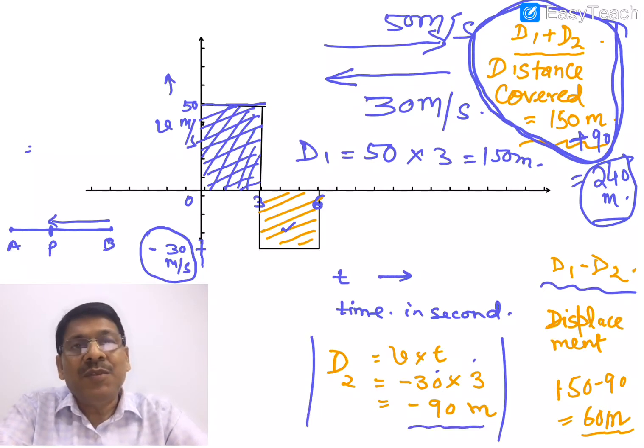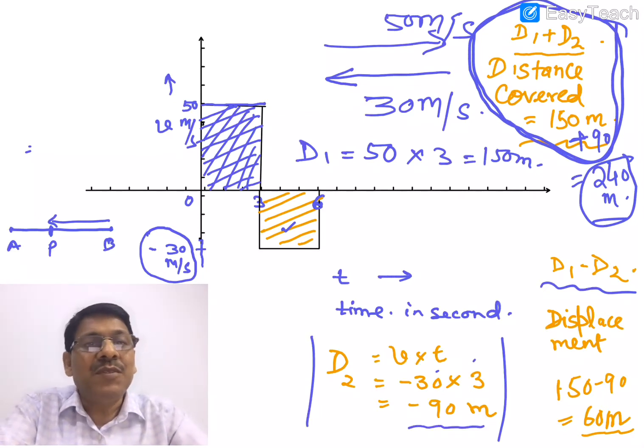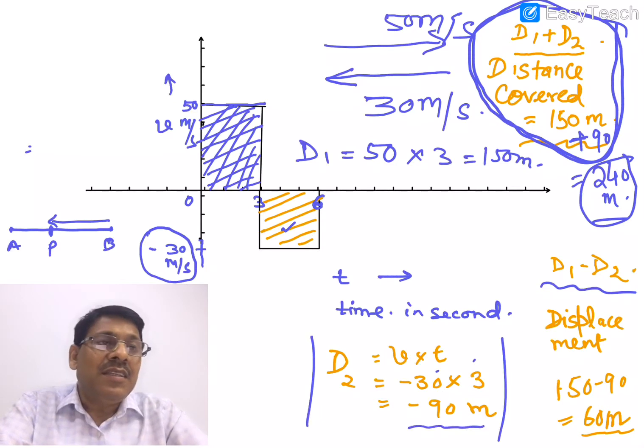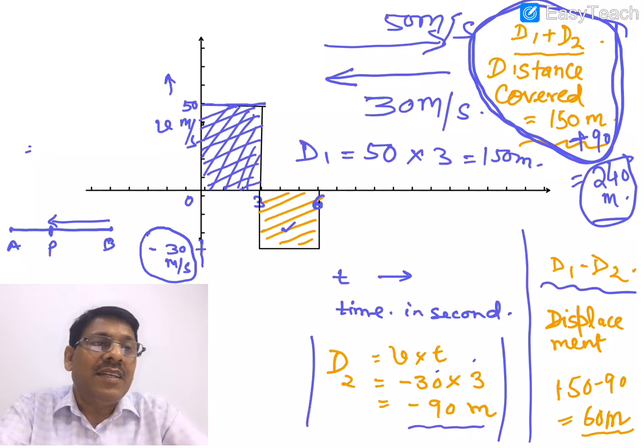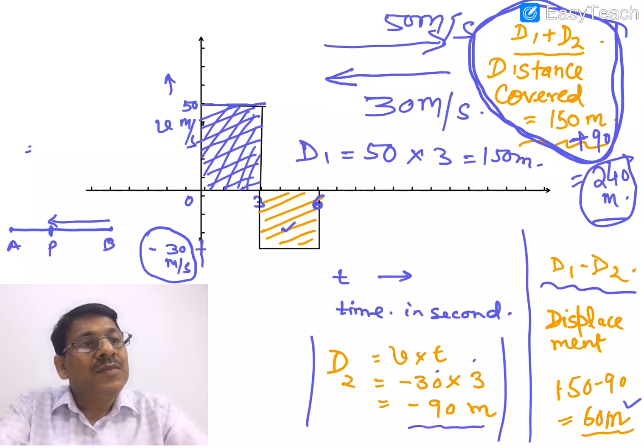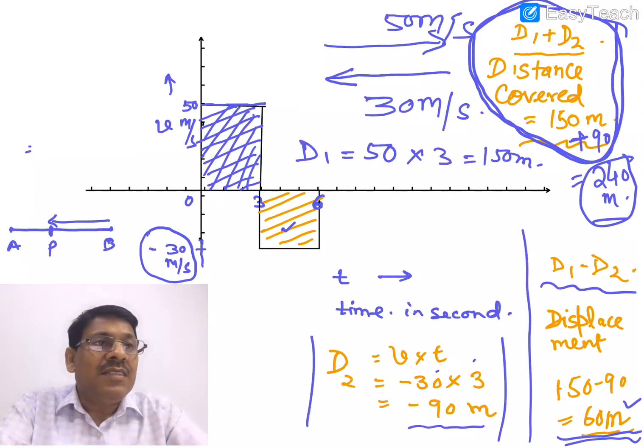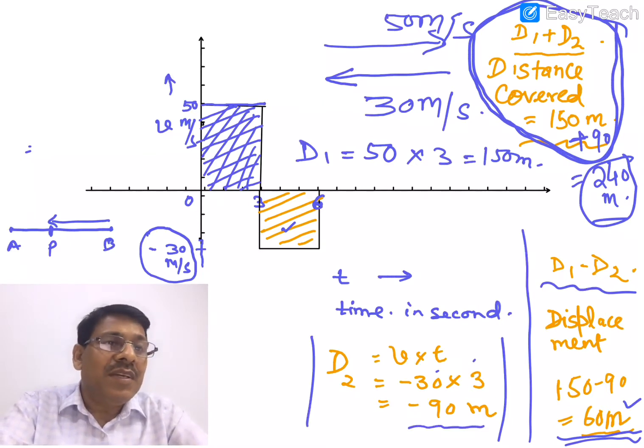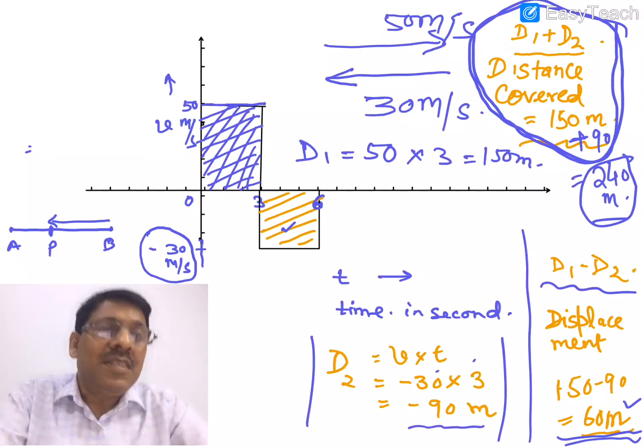The final position is at B, the initial position was at A. Their difference is 150 minus 90, and that is 60 meter. This is the distance and displacement. Distance is 240 meter and displacement is 60 meter.